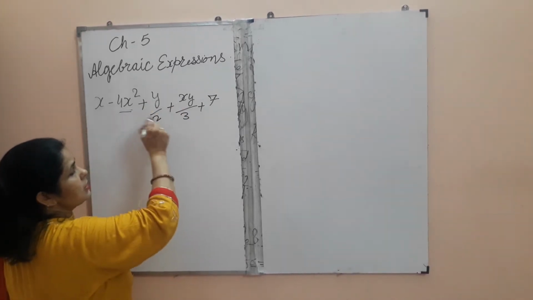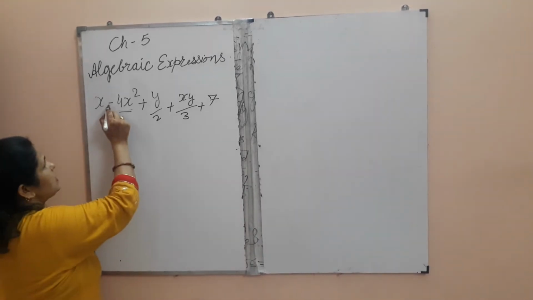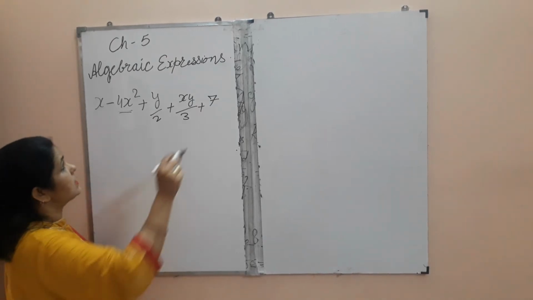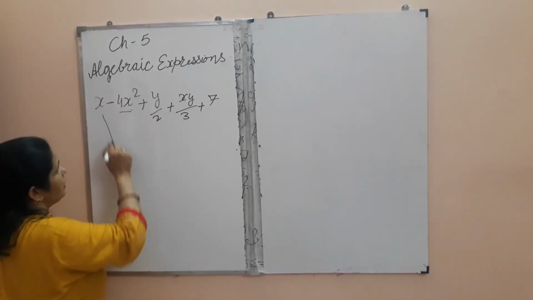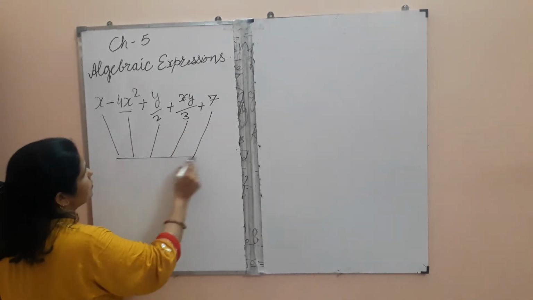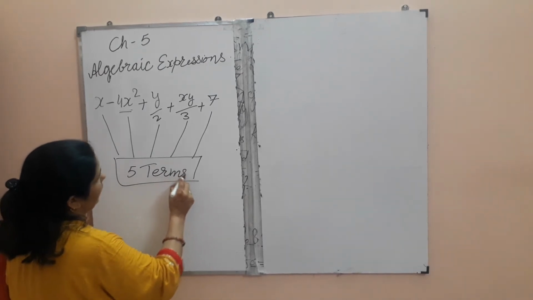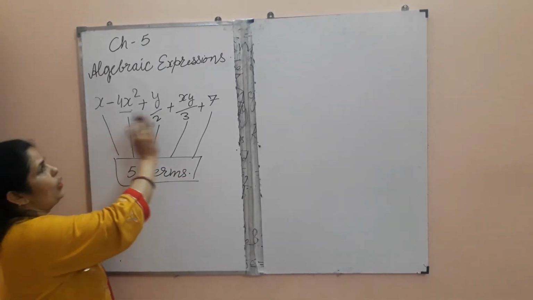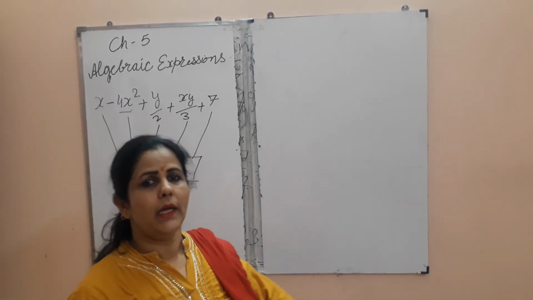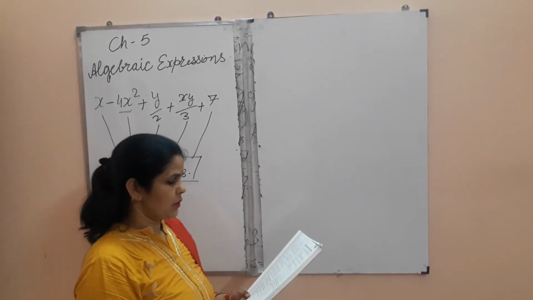This is division, so this is also one term only. In this expression, how many terms are there? 1 term, 2 terms, 3 terms, 4 terms and 5 terms. So 5 terms are there. Again I am repeating, the terms are always separated by plus and minus signs, not by multiplication and division signs. So these are called the terms of the expression.